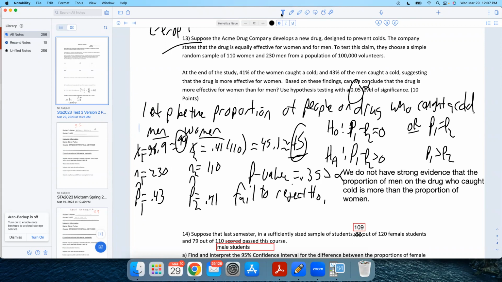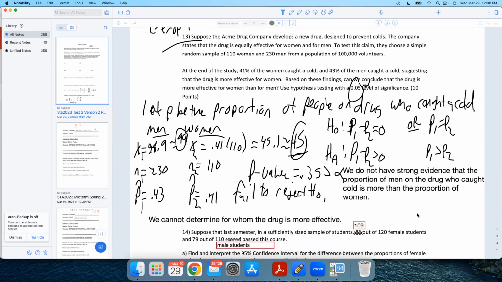So as that follow-up question, we cannot determine for whom the drug is more effective. I'm typing this all up nice and neat because I'm going to upload this document.